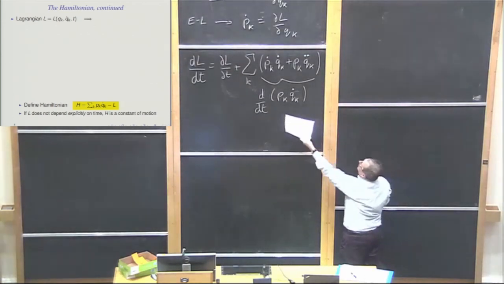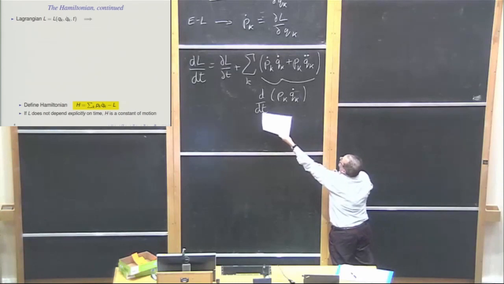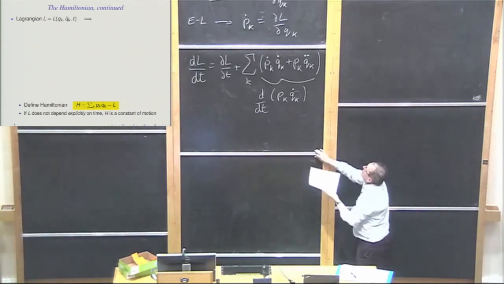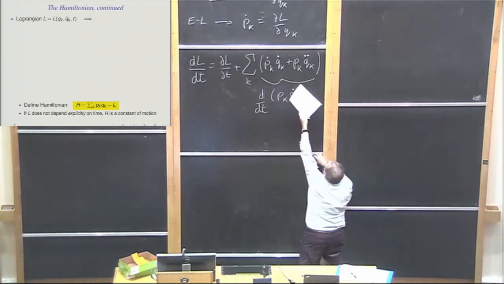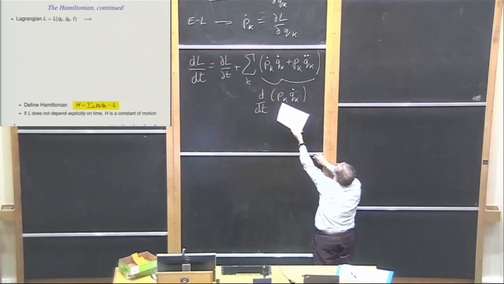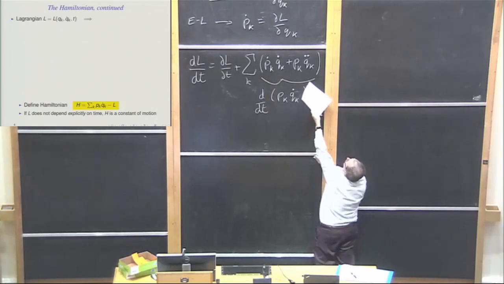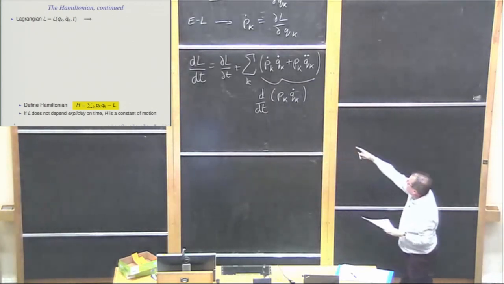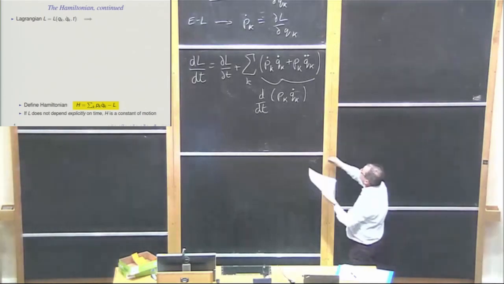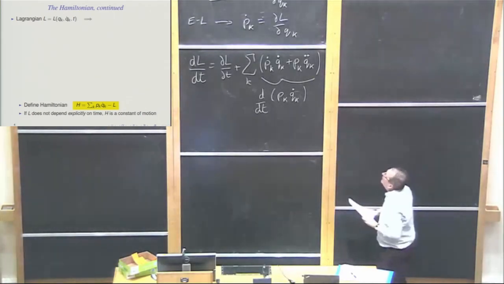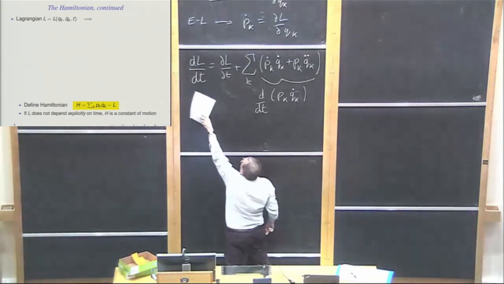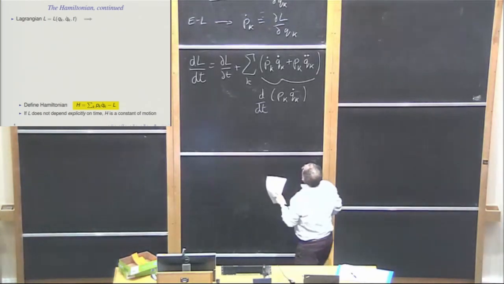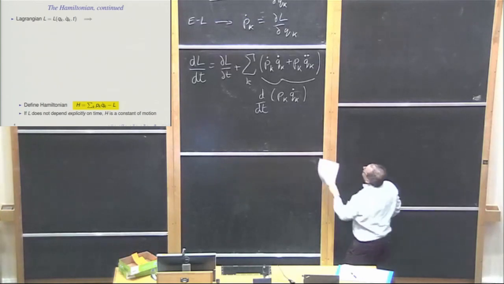So if you were to make the differentiation with respect to time of this, you'd first get a p_k dot multiplied by q_k dot, that's the first term. And then you get a p_k multiplied by q_k double dot, which is that term. So indeed, this is correct. So we have a total derivative on the left-hand side. This is also a total derivative because these things are functions of t.